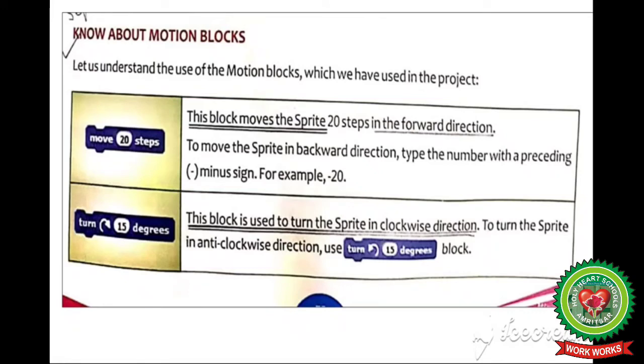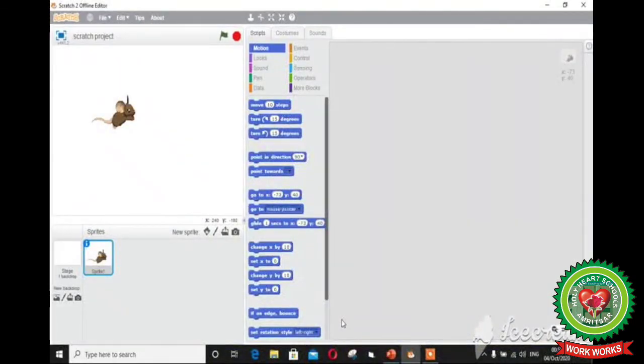Now let me show you how you can create your Scratch project to move the sprite in circular motion. For this, again open your Scratch window. So these are the blocks which come under the motion block.